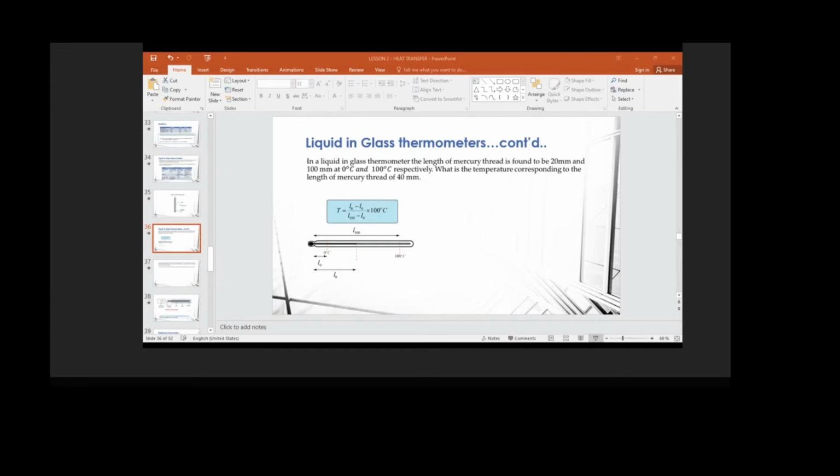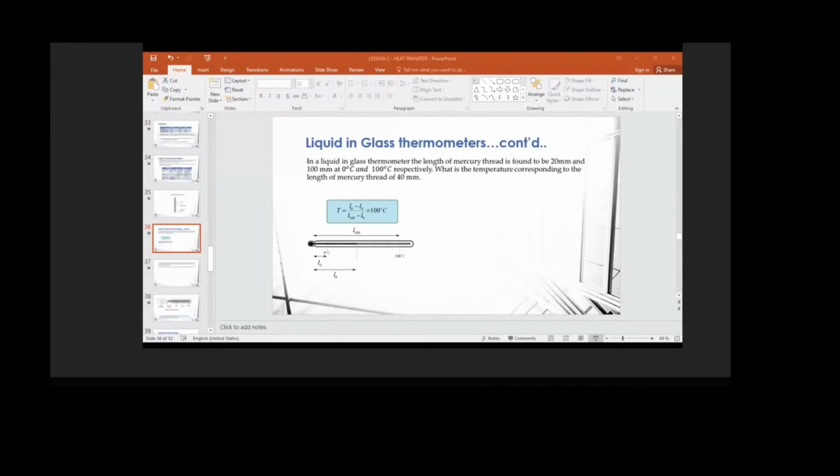Yes, sir. Okay. So the T there represents the temperature, the L theta minus L0. So L theta is the length of your liquid in the tube at that specific temperature that you need. Right? So let's say there is no markings on your thermometer. You just measure the length that it is at now. That's your L theta.